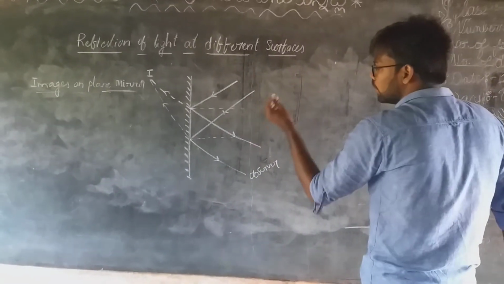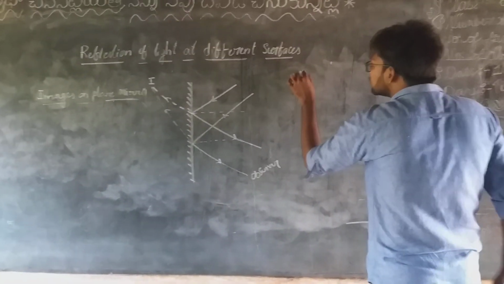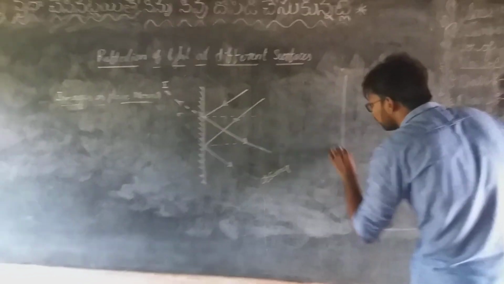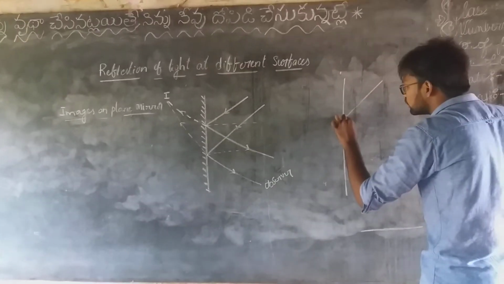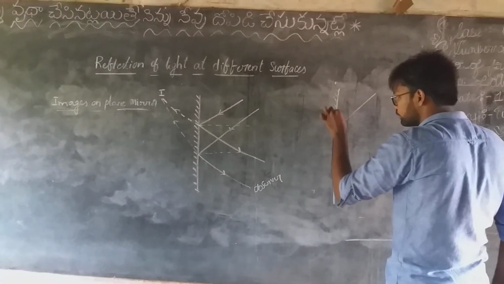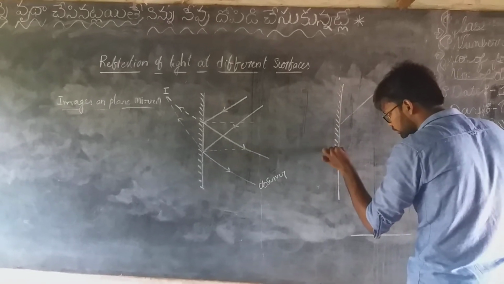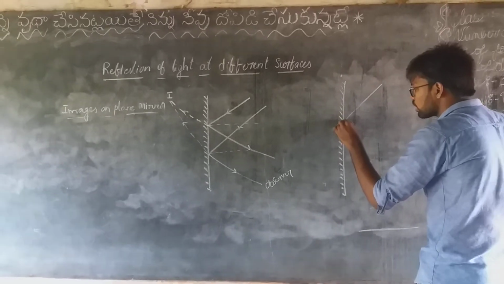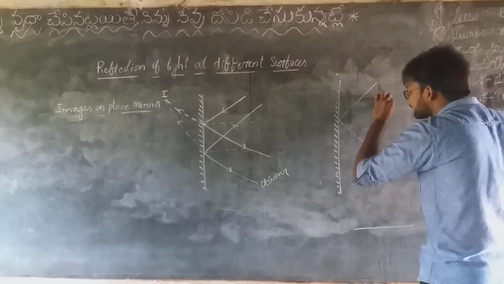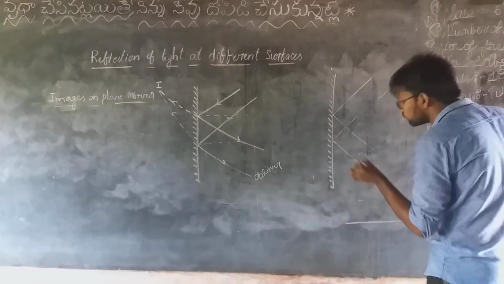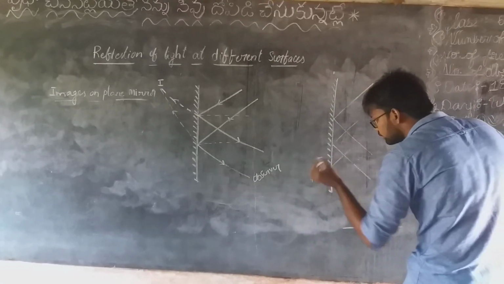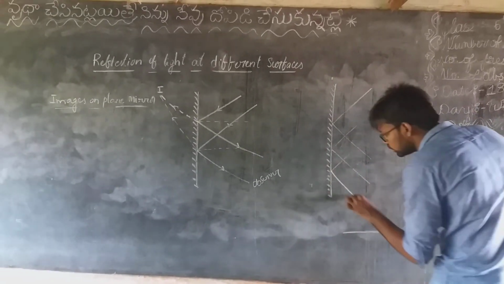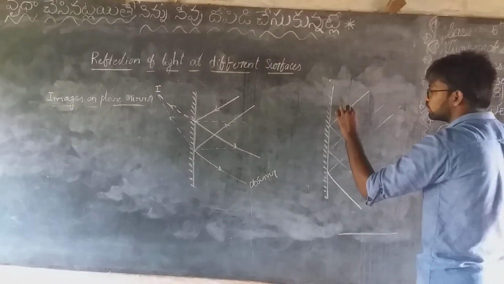If we consider 3 lines, then what will happen? This is line 1, so it will reflect back. Second line, it is also reflected. Third line, it is also reflected.